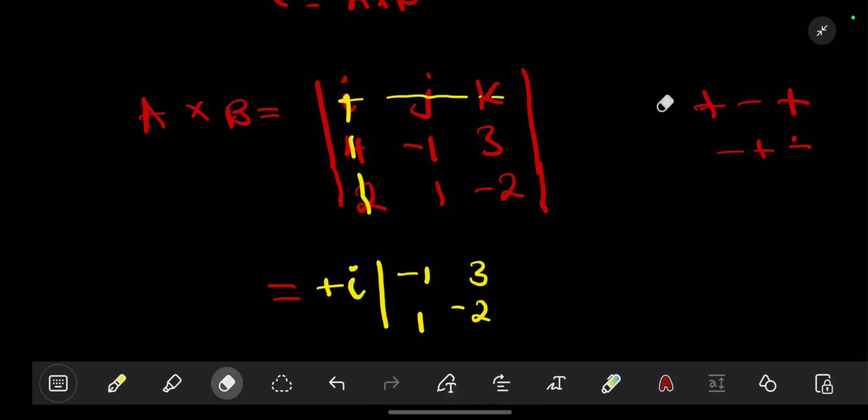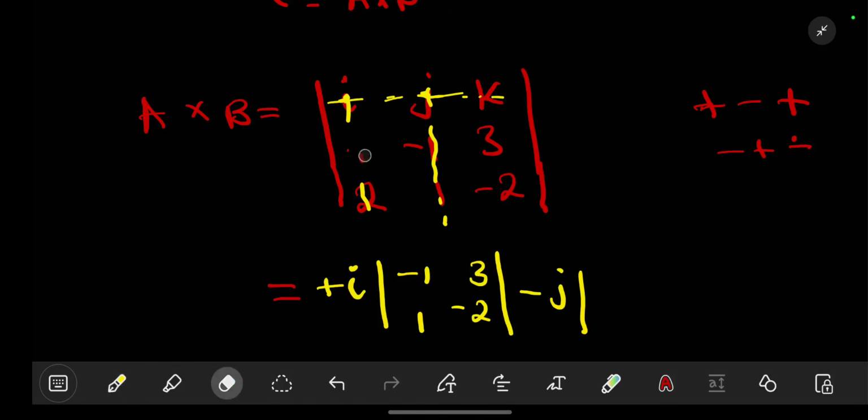After that, we are going to have our minus J like that. Why J? Because when you cancel like that, the point of intersection is J. Then what is remaining?